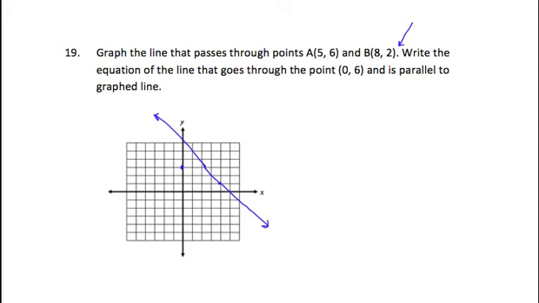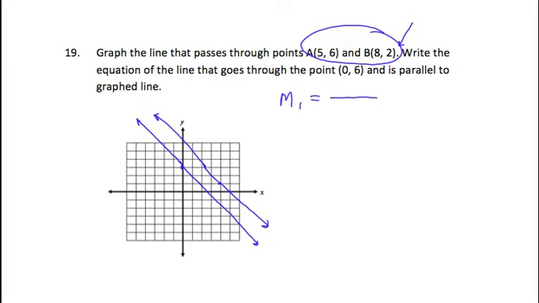So if these lines are going to be parallel, these lines have to have the same slope, which means the slope of my new line has to be the slope of the original line, which was going through these points. So let's find the slope of the original line, and we'll call that original line m1, the slope of that sucker.